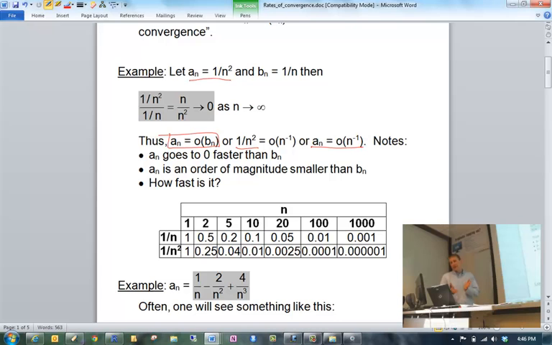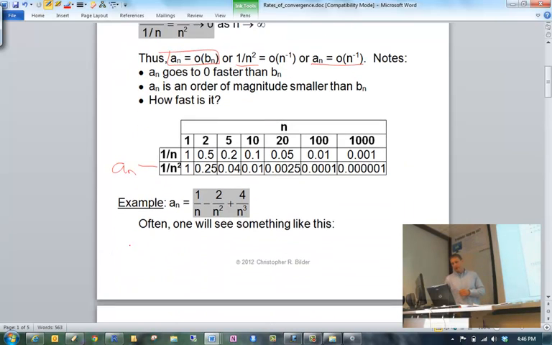Some people might say A sub n is an order of magnitude smaller than B sub n. To emphasize this, I just plugged in some numbers there, and you can see how 1 over n squared, which is the A sub n, is indeed going to 0 faster.